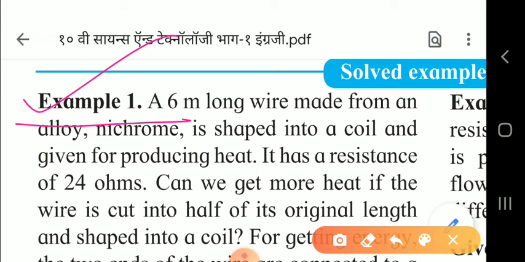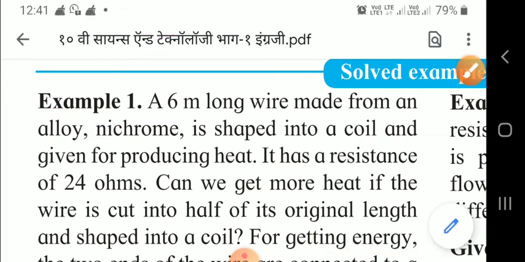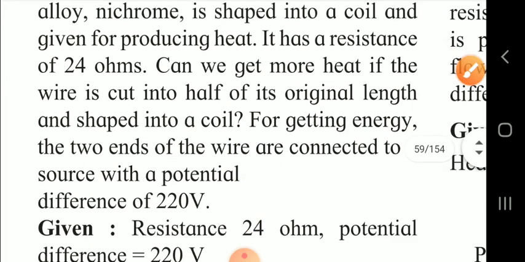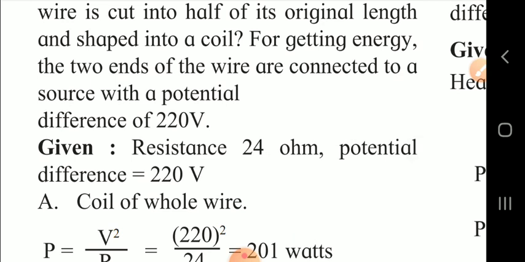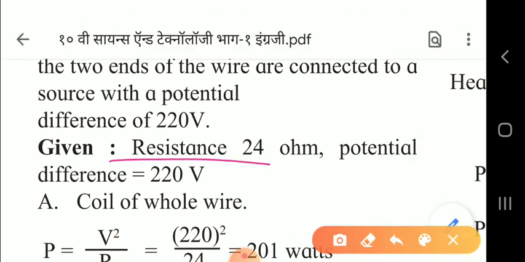Can we get more heat if the wire is cut into half of its original length and this is shaped into a coil? For getting energy, the two ends of the wire are connected to a source with a potential difference of 220 volt. So let us first see what things are given here. You can see here resistance of 24 ohm, potential difference 220 volt is given.